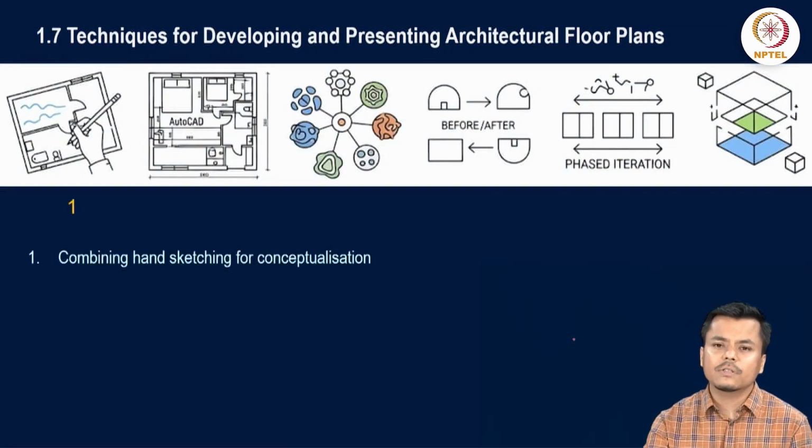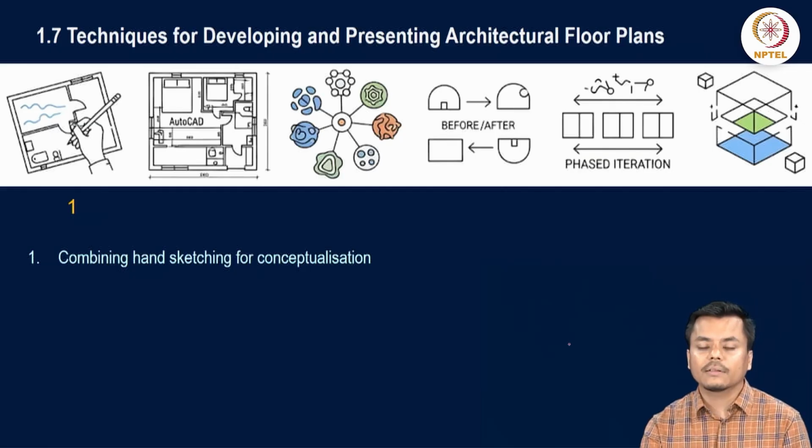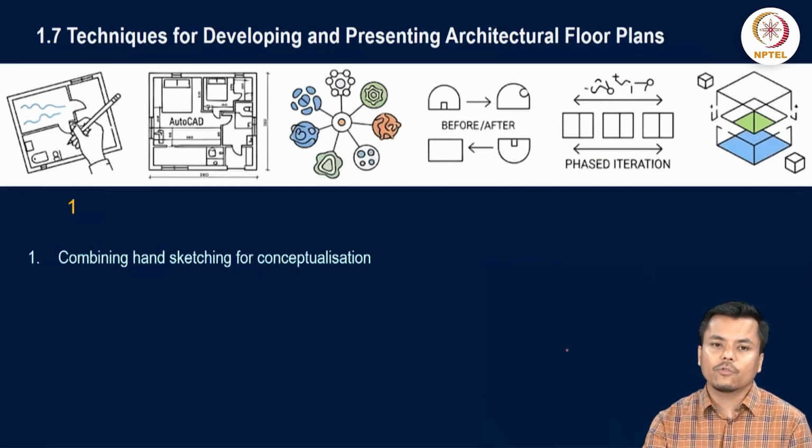The first and foremost thing is hand sketching for conceptualization, to visualize what would be the arrangement of spaces within the floor plan. That is what is attempted at the first stage of preparing the floor plan.